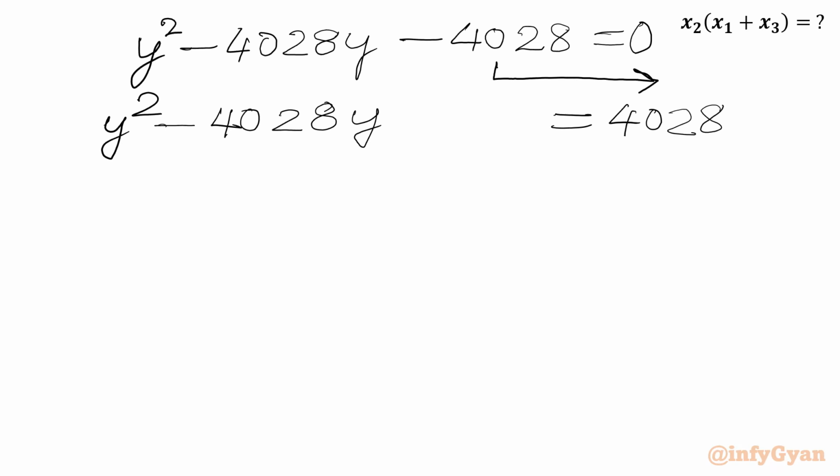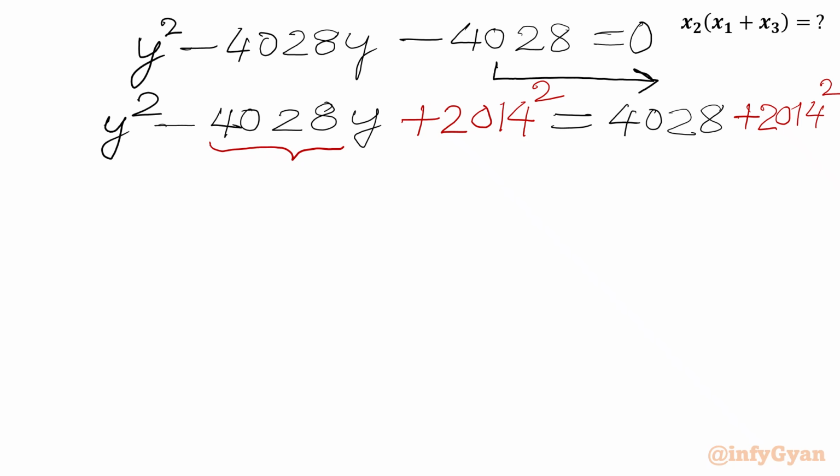Now I will try to make a perfect square on the LHS. So I will consider half of this number. Half of 4028 is 2014. Add the square of that number here. So we'll write plus 2014 whole square on the LHS, and we will add 2014 whole square on the RHS.